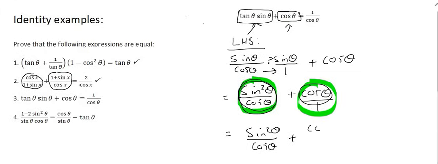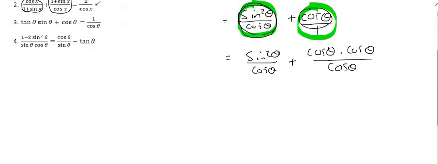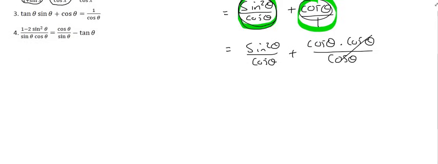Now we're going to multiply this cos theta with cos theta, and we're also going to multiply the bottom with cos theta. And now many people I've seen, they often say, oh, but why don't we just cancel those? Yes, that's not wrong, but then you're back to where you were. So the whole point is we're trying to combine these 2 terms because we're eventually trying to simplify. Okay, so we're not going to cancel them out like that.